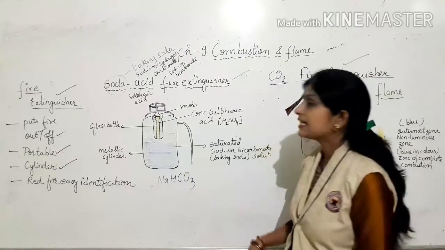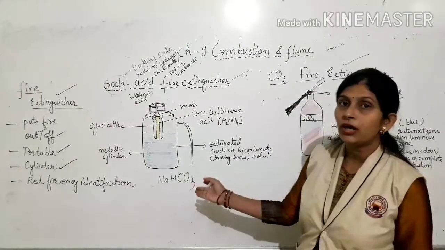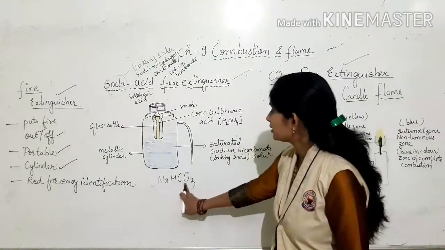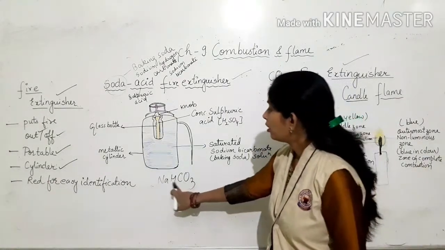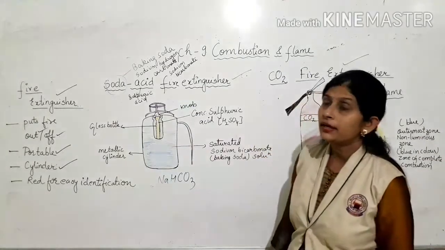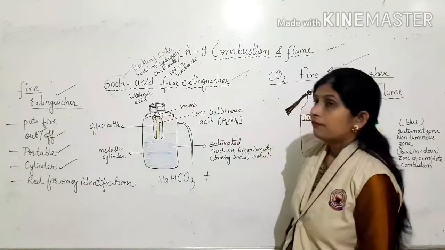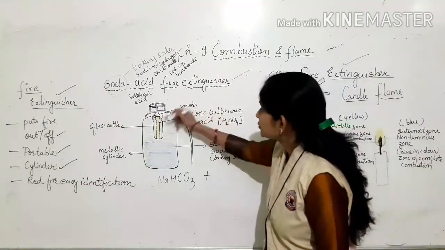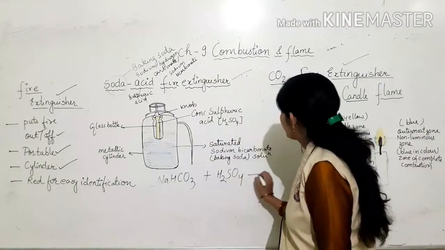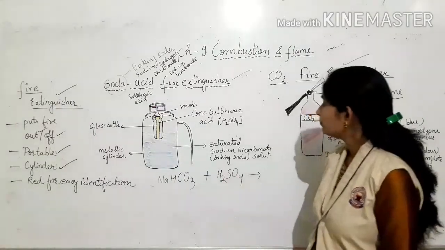Its formula is NaHCO3. So, from the formula you can understand its chemical name, sodium hydrogen carbonate or sodium bicarbonate, and commonly known as baking soda solution. When it gets mixed with concentrated sulfuric acid H2SO4, then a chemical reaction takes place between the two.